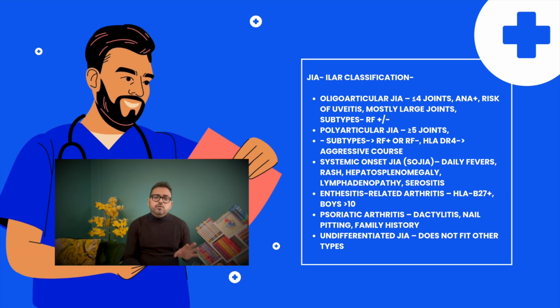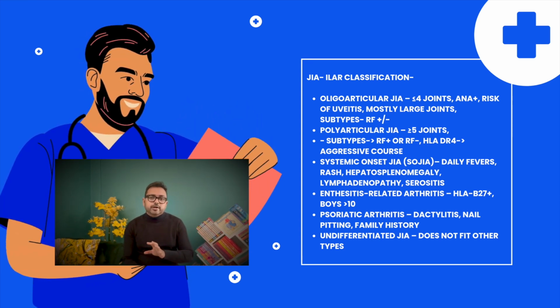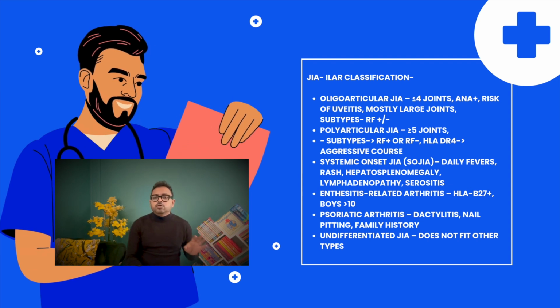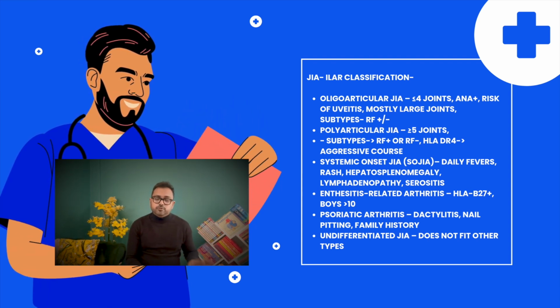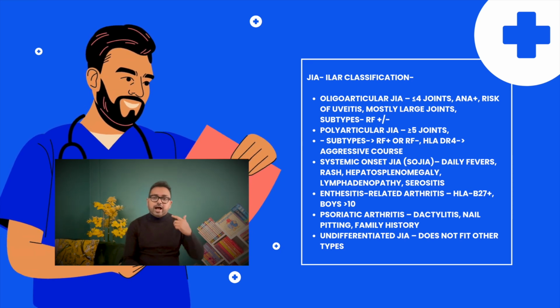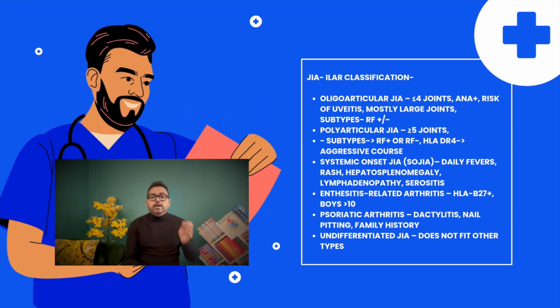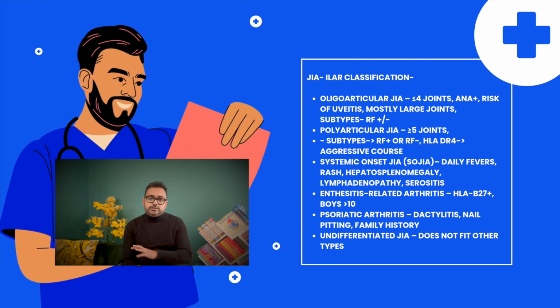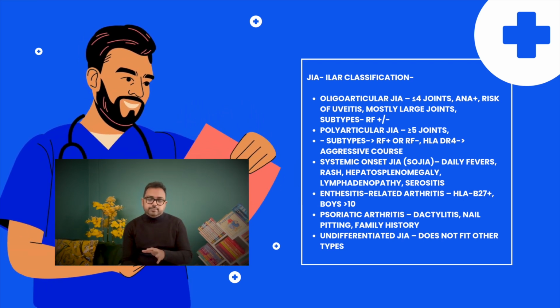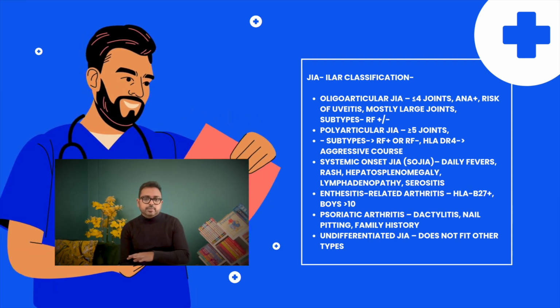Subtypes of oligoarticular are rheumatoid factor positive and rheumatoid factor negative. It could also be associated with ANA positivity. If the ANA is positive, then eye involvement may be associated. In the polyarticular section, there are also subtypes, rheumatoid factor positive and rheumatoid factor negative.